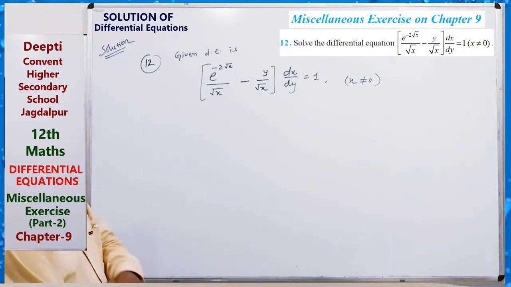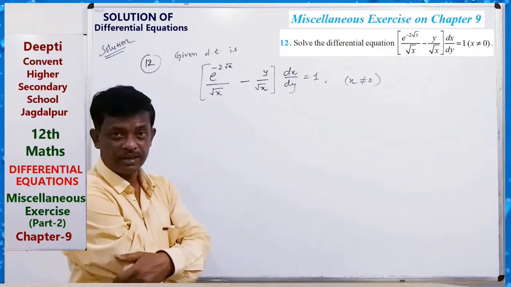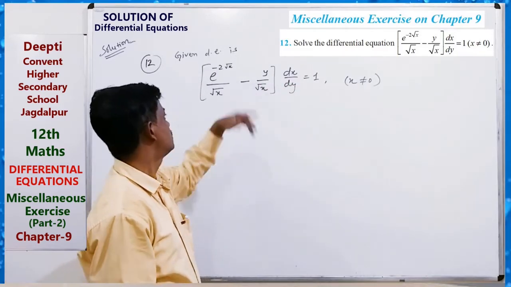Here we can see that the equation is not in variable separable form, that is, x and y cannot be separated. If we write dy by dx equal to this, it is not separable.